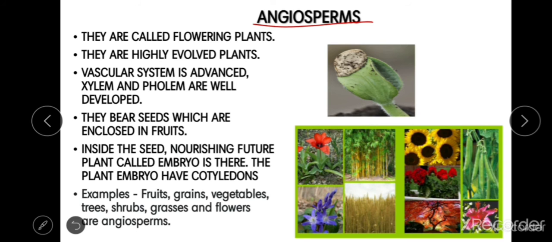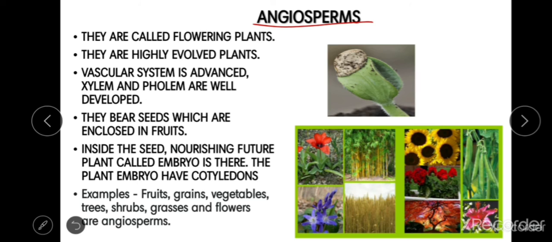Why am I saying they are highly evolved? Because they have a very prominent, advanced vascular tissue system, unlike gymnosperms. Gymnosperms do have a vascular system, but they lack some components. But angiosperms have all the components inside them.